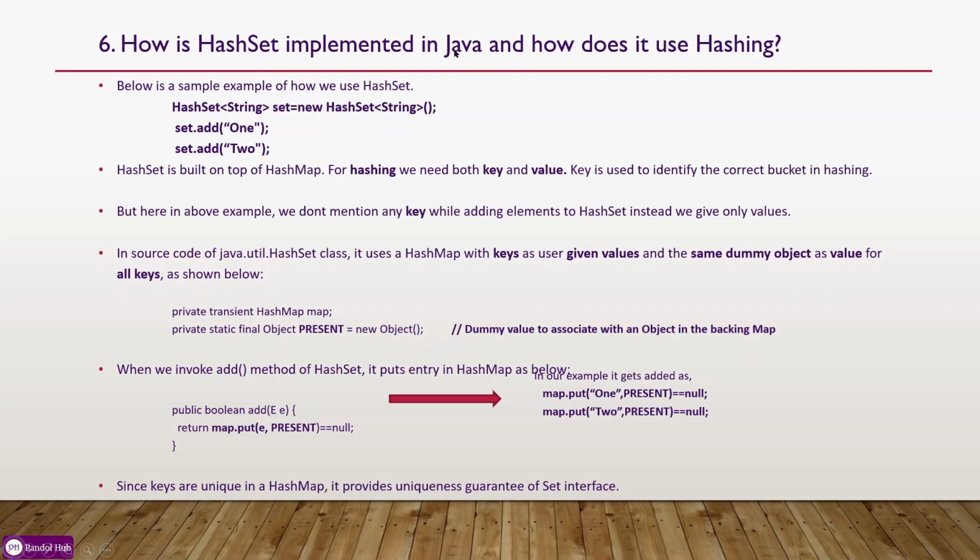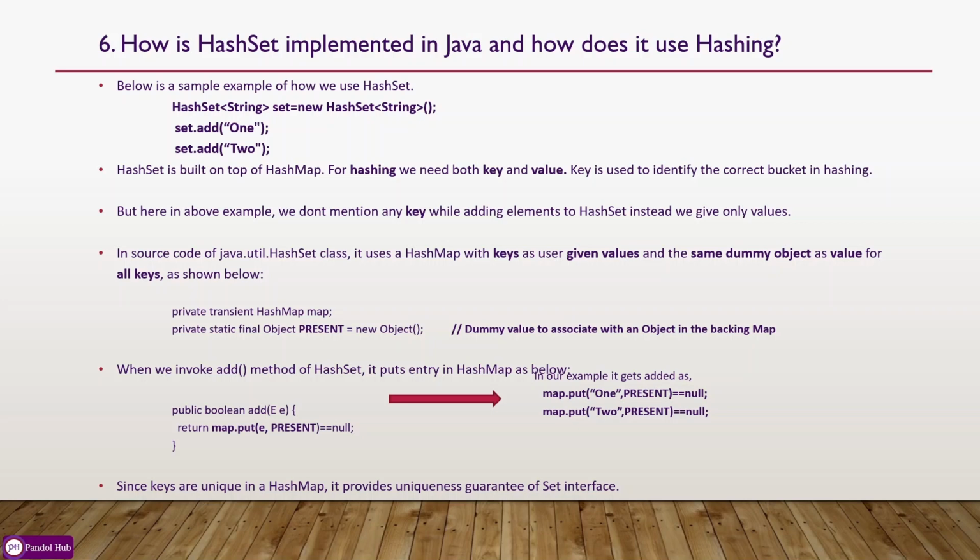How is hash set implemented in Java, and how does it use hashing? Let's see the below example of the syntax of how hash set is declared. Set is equal to new hash set. Here I'm adding two elements to the hash set. Hash set is nothing but a set where we don't have duplicate elements. Hash set internally uses hash map.